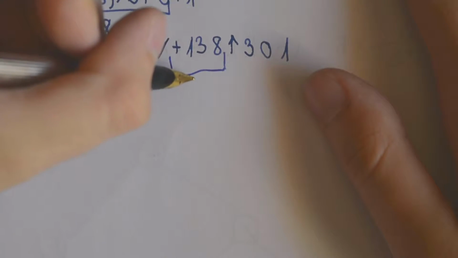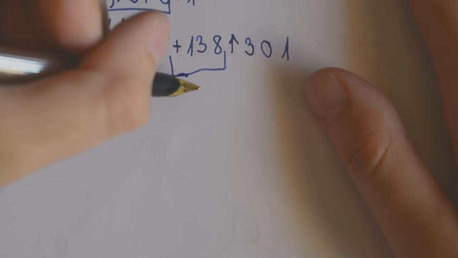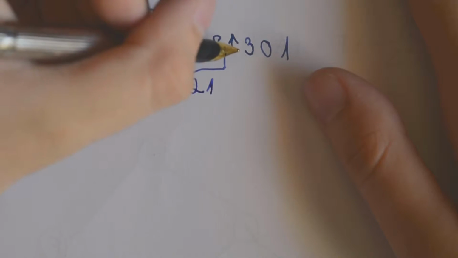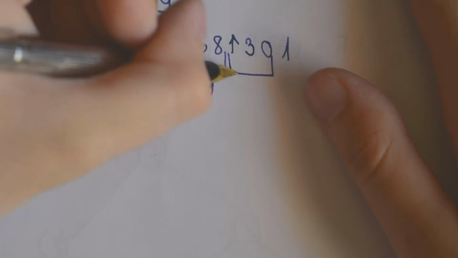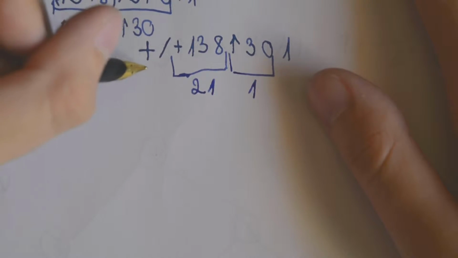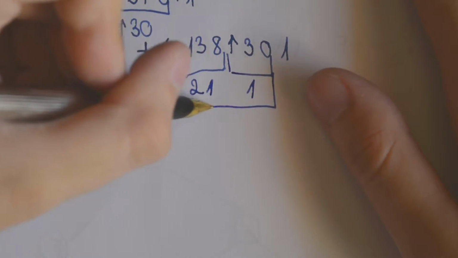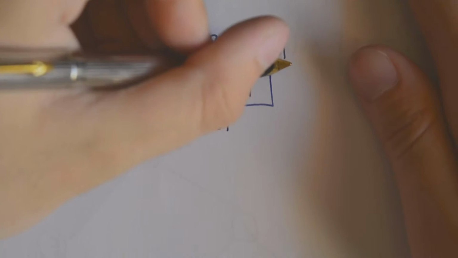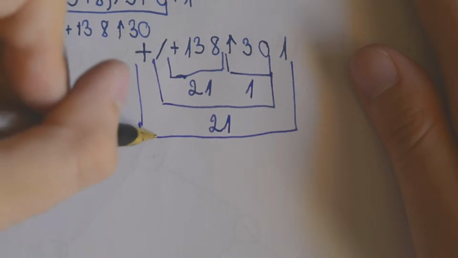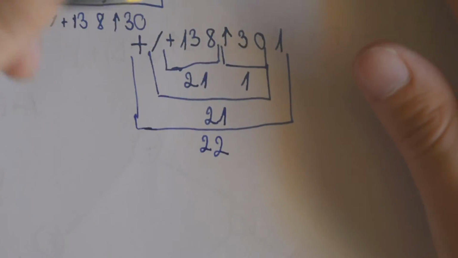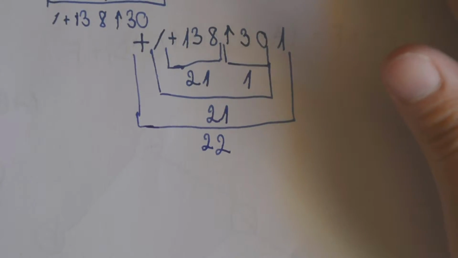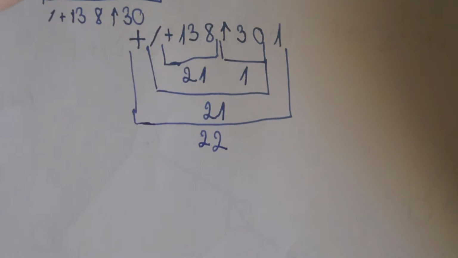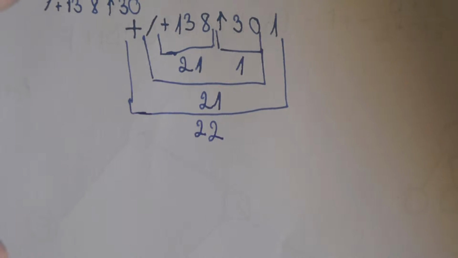So you group the elements that are operator, operand, operand, and you evaluate their value. Then you get these groups now with a new expression, and now you make this group, that's going to be 22. So this is how you actually evaluate Polish form expressions.